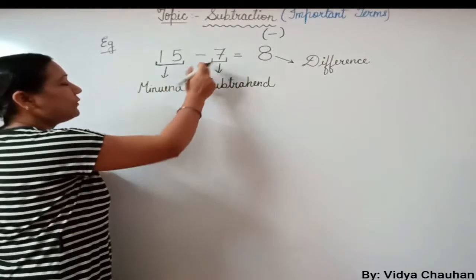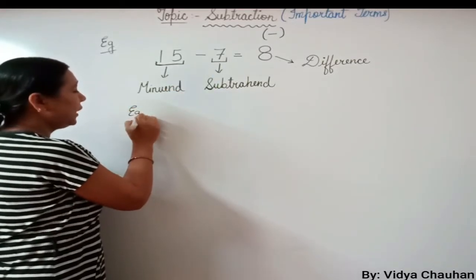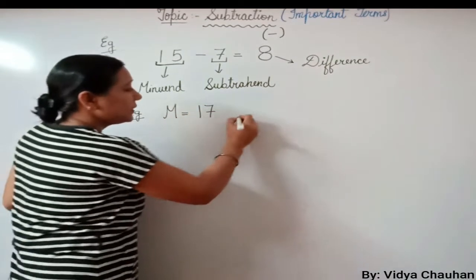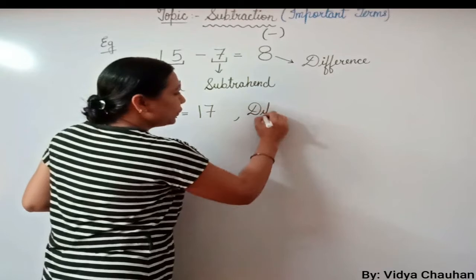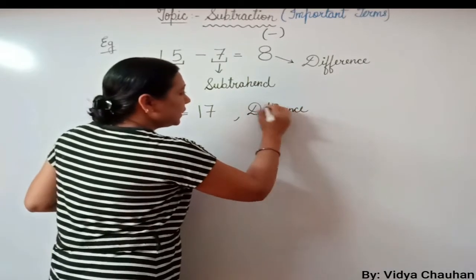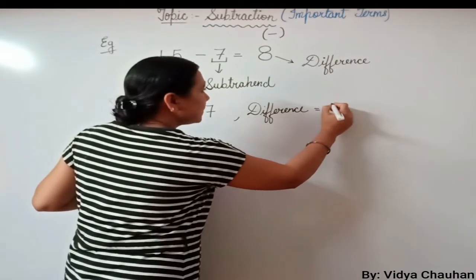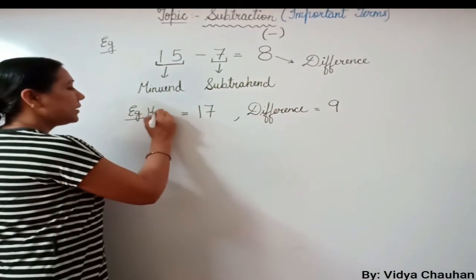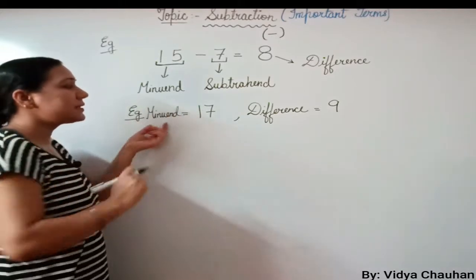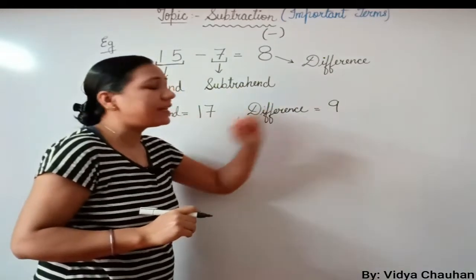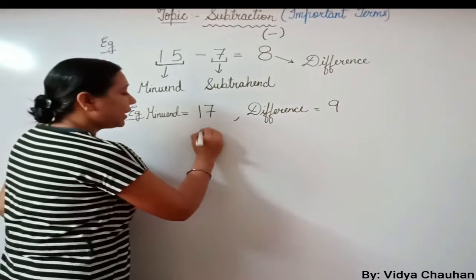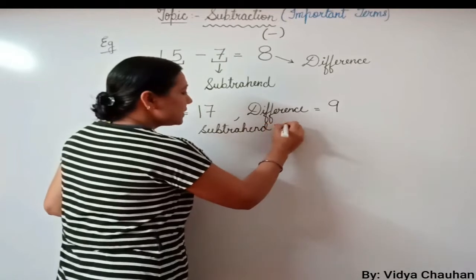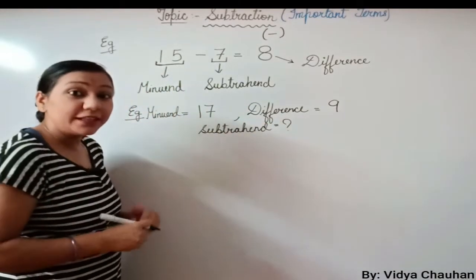Now suppose in another example, minuend is given as 17 and difference is given as 9, and it is said to find the subtrahend. How are you going to find the subtrahend?